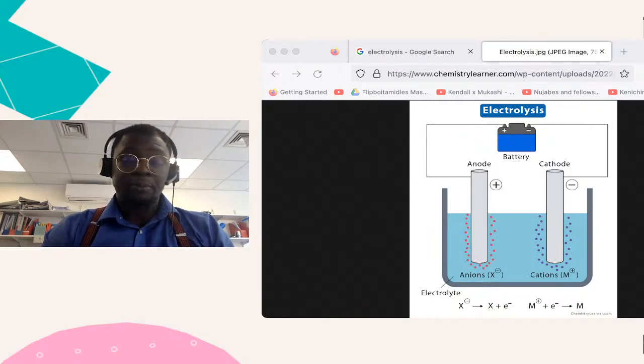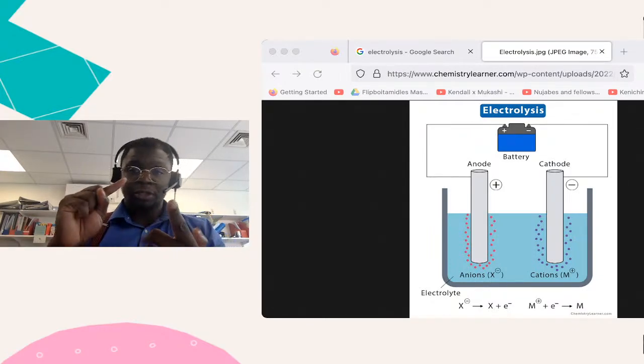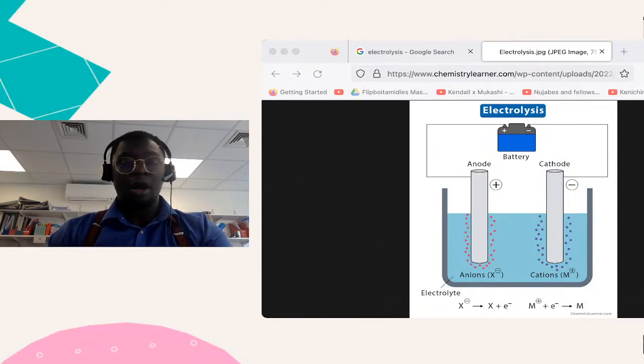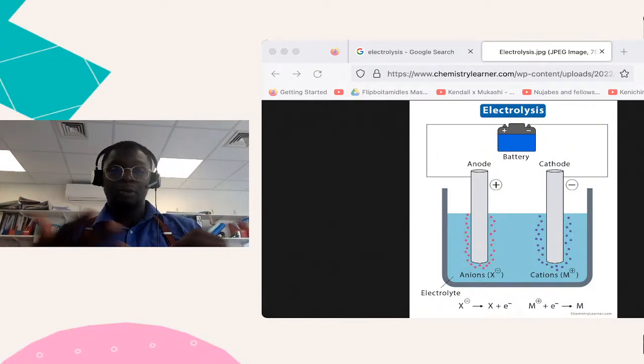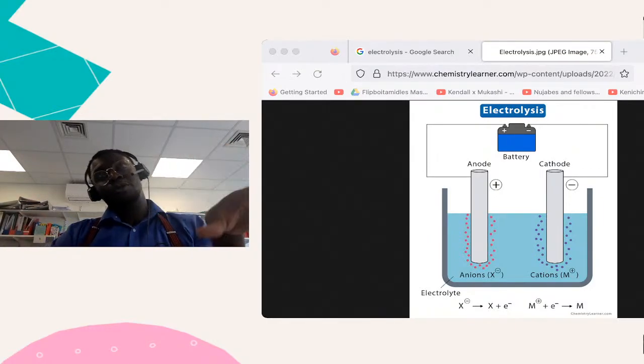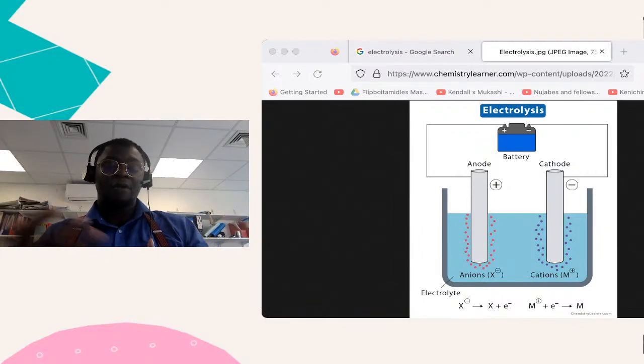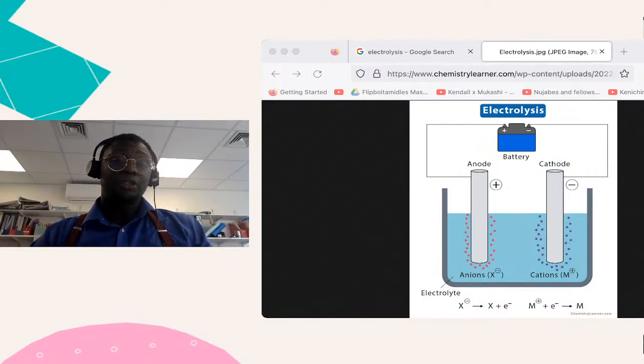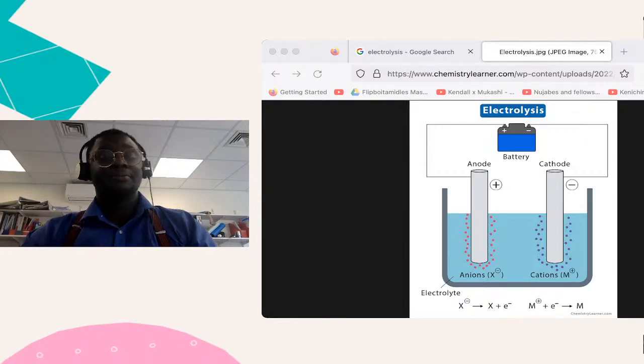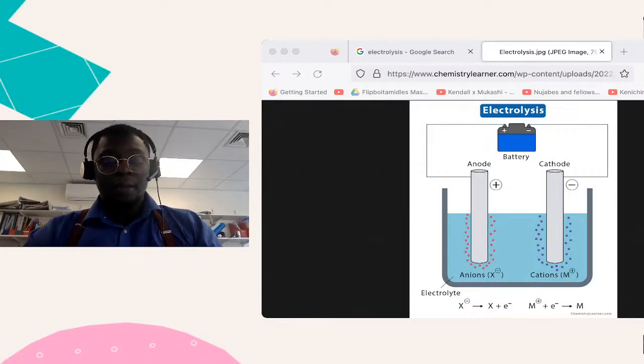So it's also super important that you have an understanding of what oxidation and what reduction are, know how to write your half equations and how to balance them accordingly, how to show oxidation in one half equation, how to show reduction in the other half equation. Okay, so that's super, super important. But otherwise, that more or less sums up electrolysis.